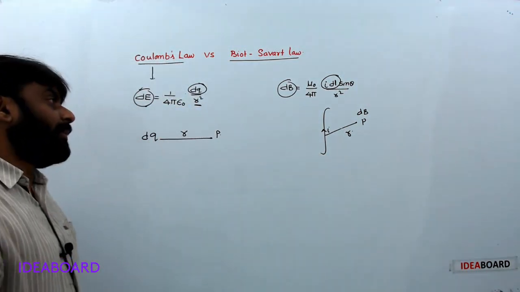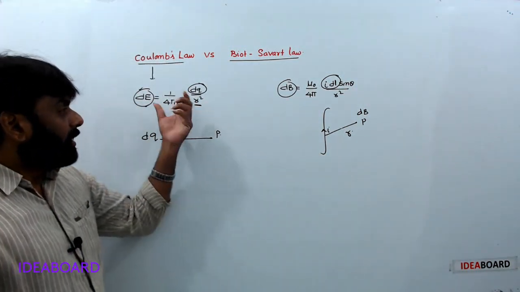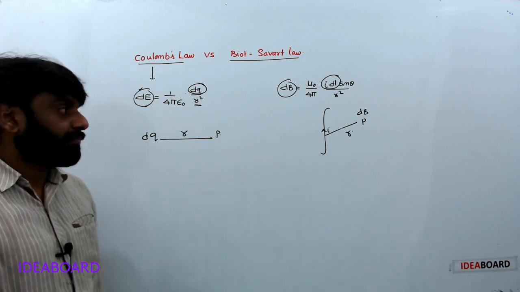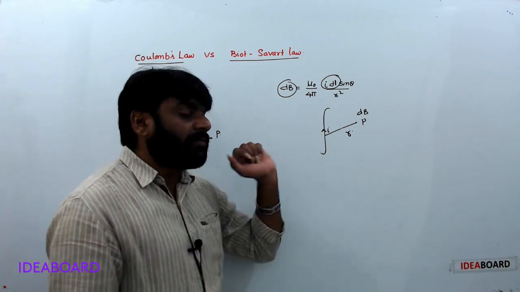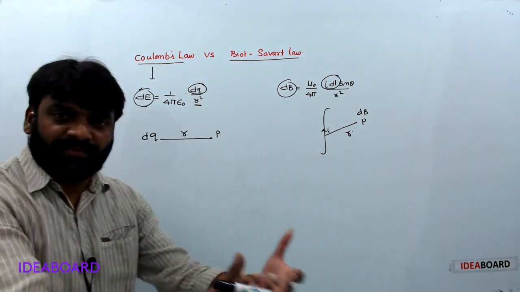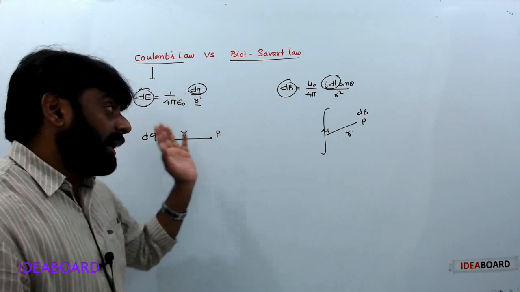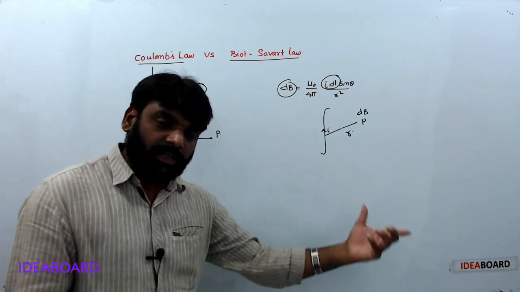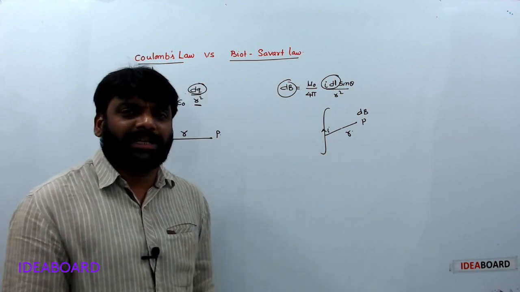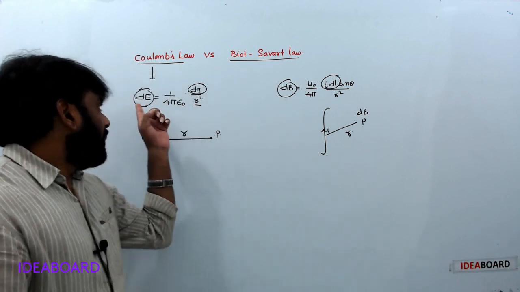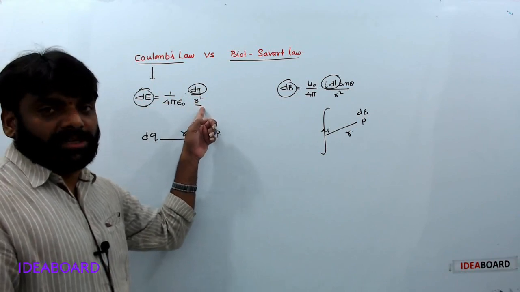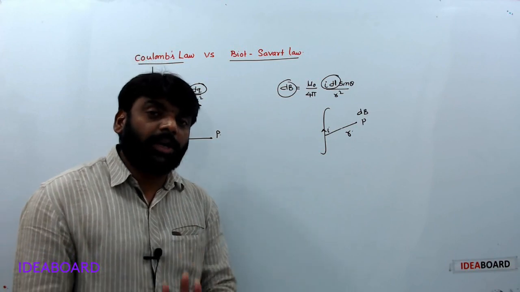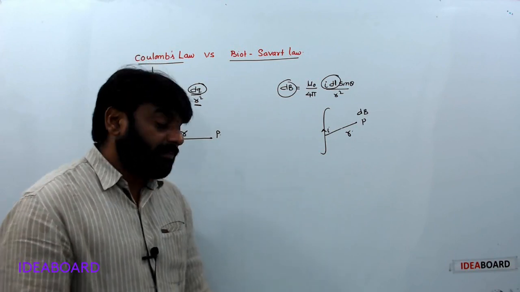That's why both obey the principle of superposition. Both are long range fields. Electric field is long range, and magnetic field is also long range. These are the similarities. First, inverse square of the distance. Second, the principle of superposition. Third, both are long range.